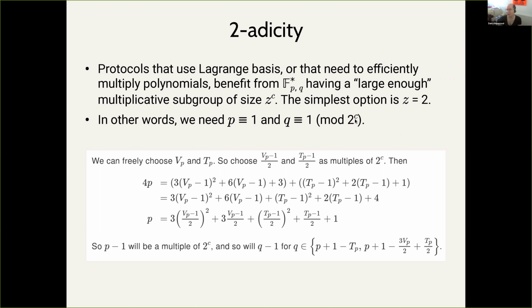So for Tweedle, C is 33 or 34, so we can support fairly large circuits. Okay. So here we're going to choose VP and TP in this way, and then it's guaranteed that the curves we find will have this two-adicity property.